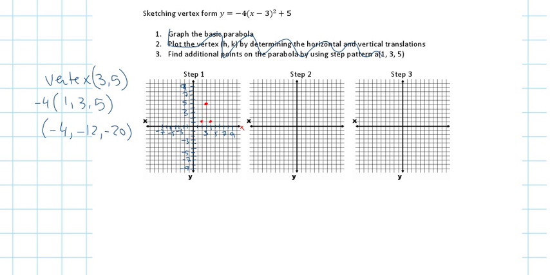From the vertex, I went down 1, 2, 3, 4, and to the right one, which is the same thing as down 4 to the left 1, because I can go 1 to both sides. We're okay?